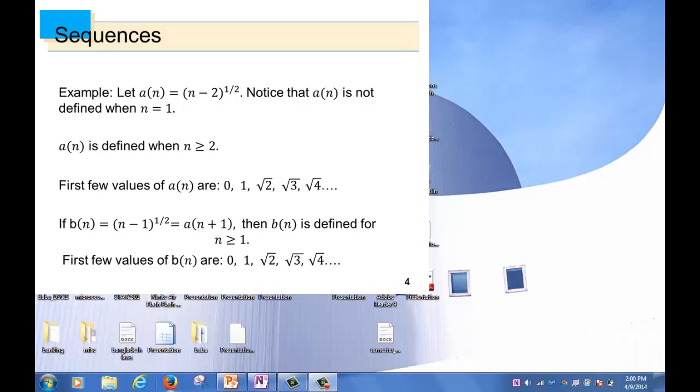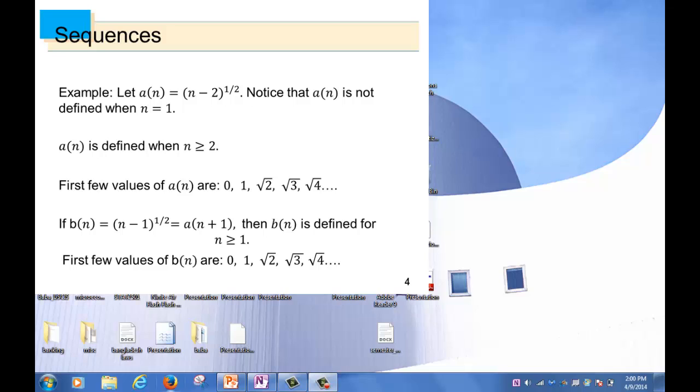You guys can do it in your head. When I plug in n equals 4, I get root of 2. When I plug in n equals 5, I get root of 3, and so on, right? Everybody's okay? So these are the first few terms of this function a of n.